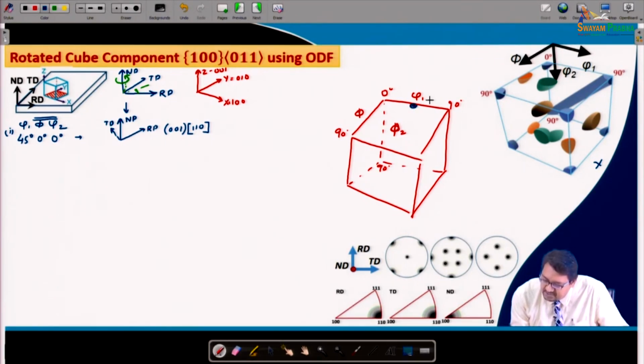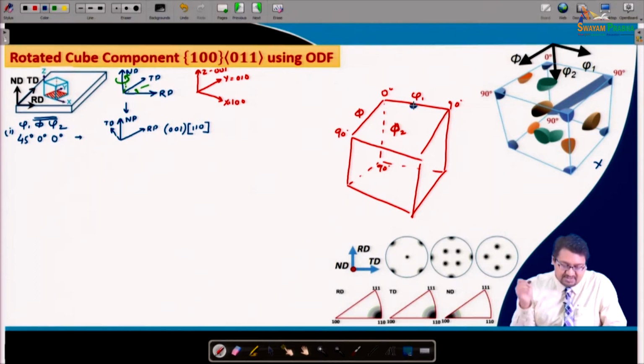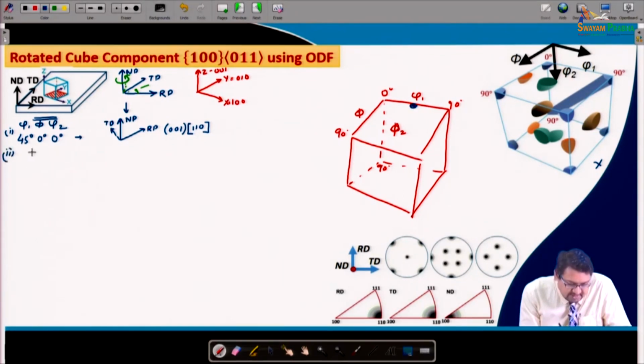So, this component forms at phi 1 equal to 45, phi equal to 0 and phi 2 equal to 0 section.